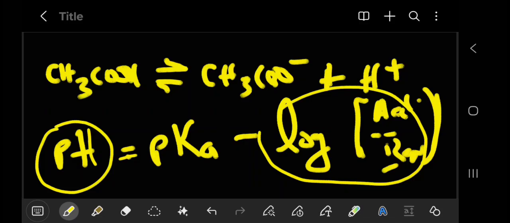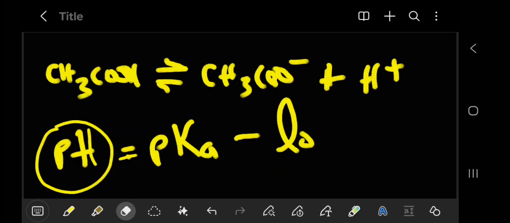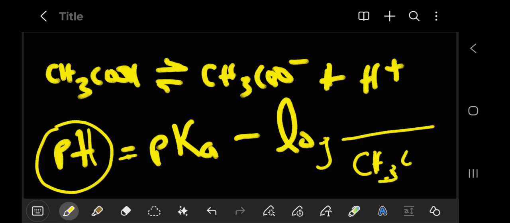It has some basic characteristic. What I'm trying to say is the base here, let me write that, log of CH3COONa, then CH3COOH, which is the acid.